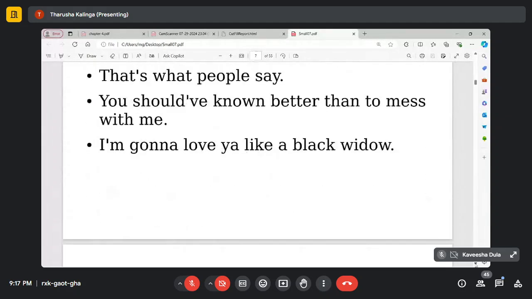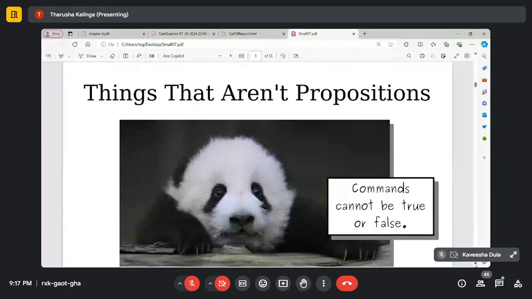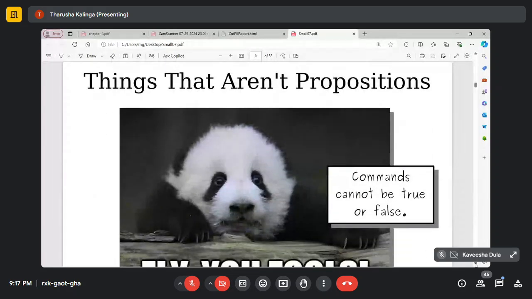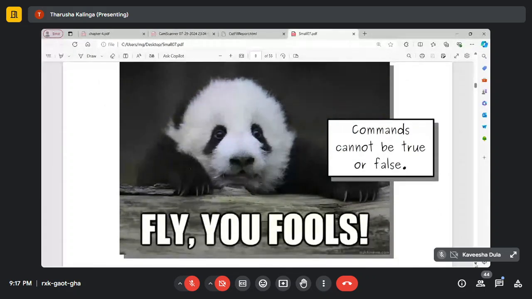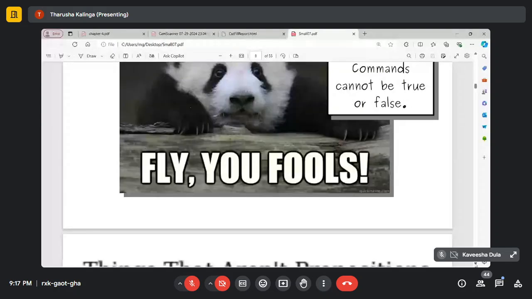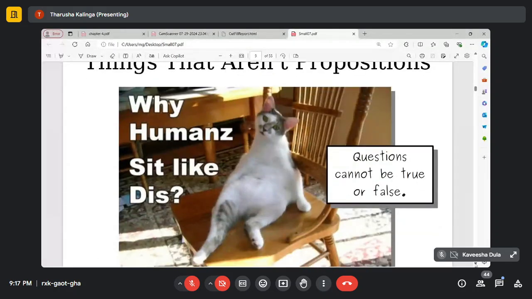But there are some sentences like these which are not propositions: commands. Here, 'fly you fools' is just a command, and at the same time it does not convey something meaningful. So we call those just sentences, not propositions. And here also, questions. Why do humans sit like this?